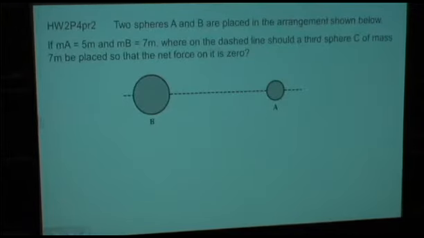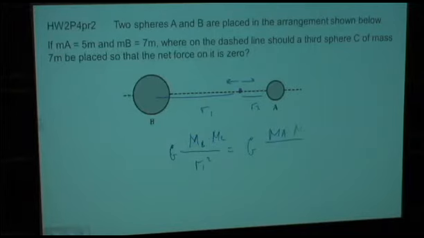Here, place it here, distance number 1, distance number 2, and the magnitude of the forces acting on the third object must be equal to each other. So G MB times MC divided by R1 squared should be equal to G MA times MC divided by R2 squared.